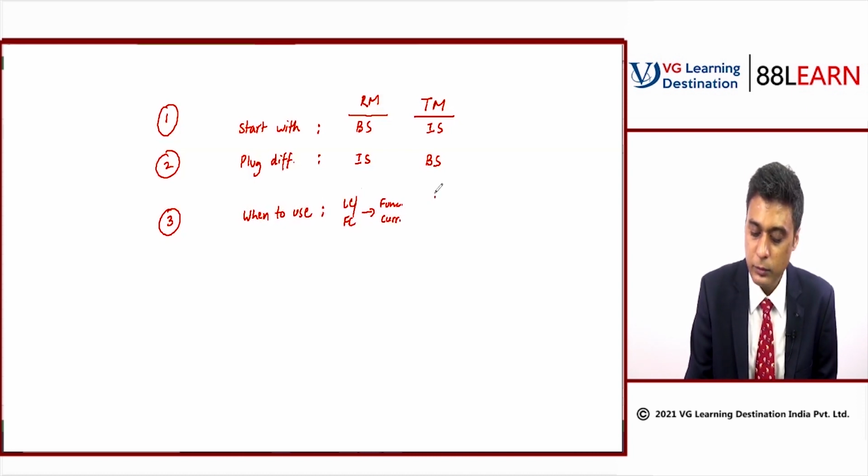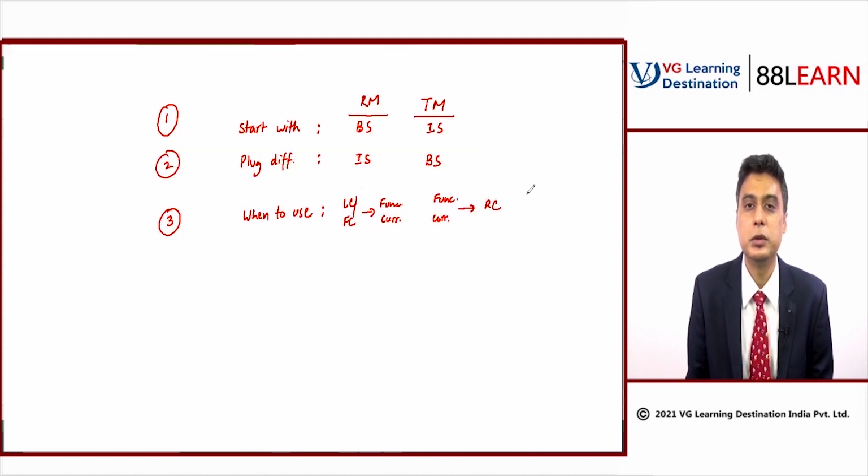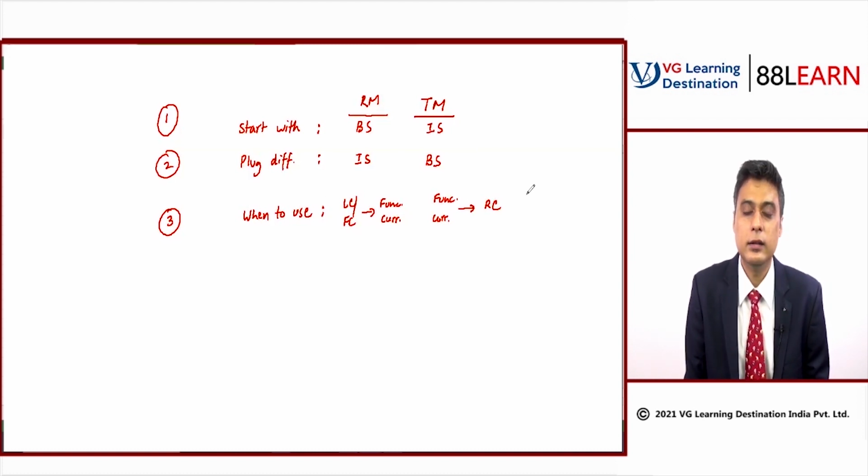And when you go from the functional currency to the reporting currency, you use the translation method, right? So these are the three major differences in the two methods.